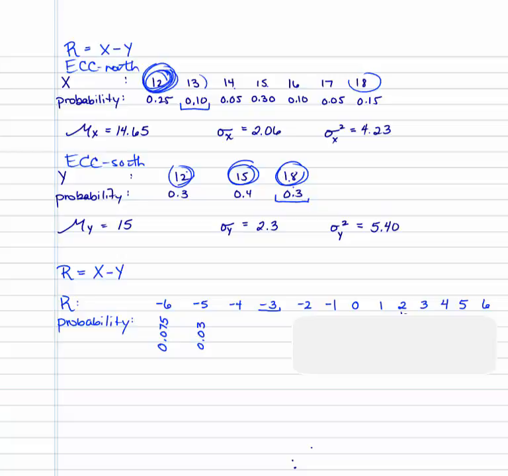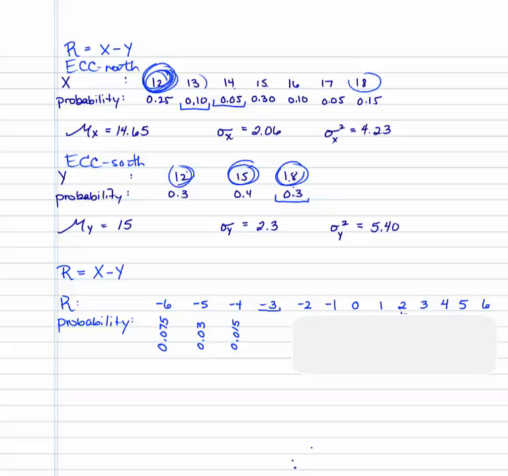To make negative 4 is 14 take away 18, and that would be 0.05 times 0.3, 0.015. Because I organized it like this, it might actually work out where all the probabilities are going to be the same as in the plus chart.